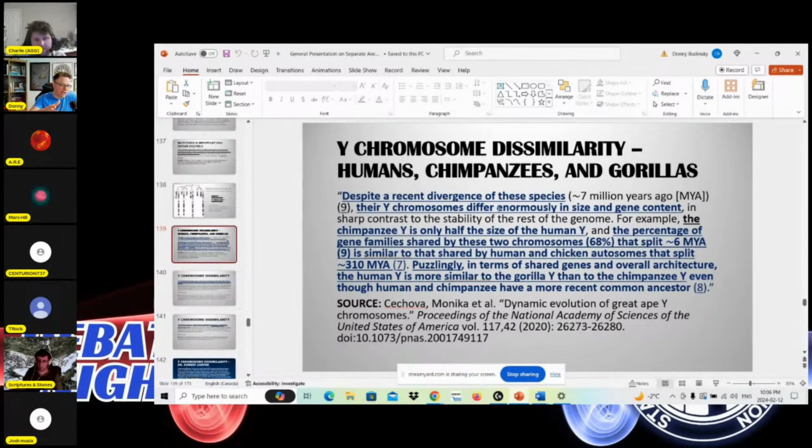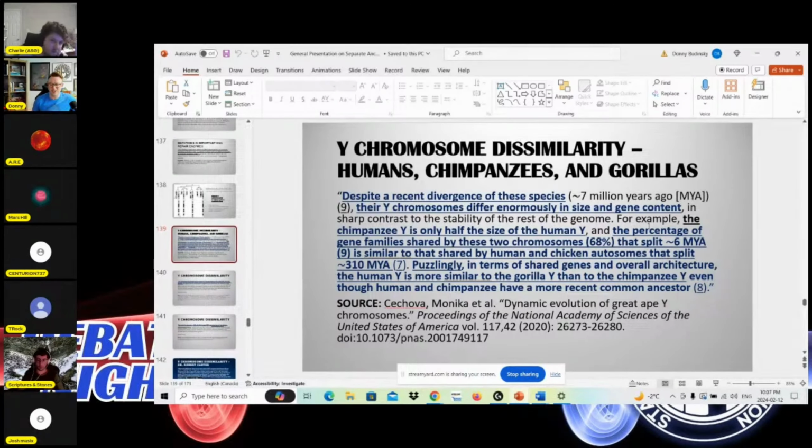Because I get what you're saying, Charlie. I agree. If it's just a little bit, okay, well, maybe the evolutionary model can explain those changes since the split, right? Because obviously that lineage is going to accumulate its own differences. But they admit enormously in size and gene content. So firstly, it wasn't predicted. They were shocked.